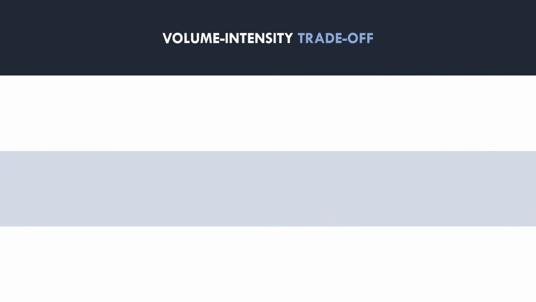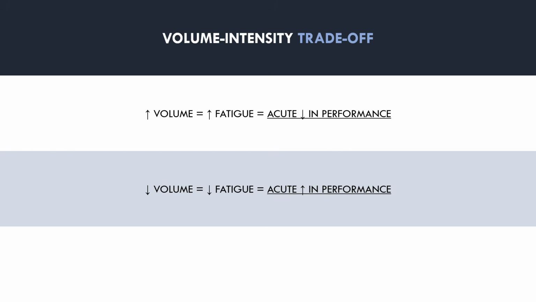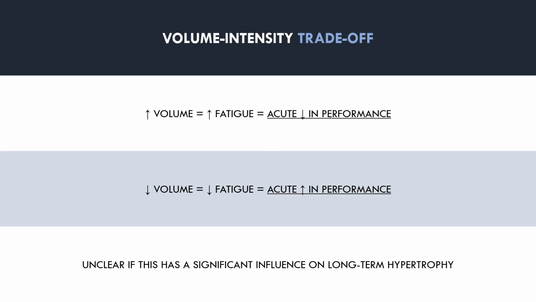Furthermore, our session-to-session recovery ability is also affected by training volume. When more volume is performed, it induces more fatigue, and performance of subsequent training sessions are inhibited slightly. When volume is lower, less fatigue accumulates, and performance will likely be greater in the following training sessions. This means we may be able to perform more reps of a lift or lift more weight each session using a lower volume approach.